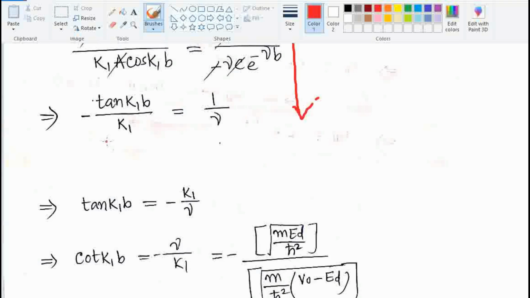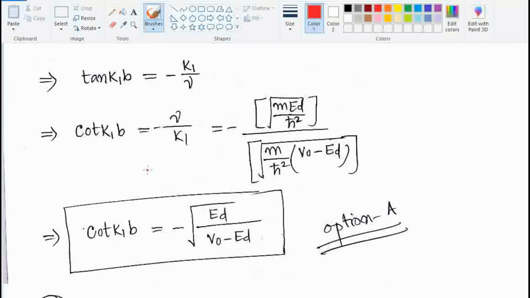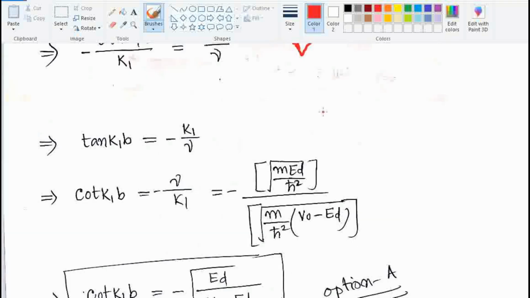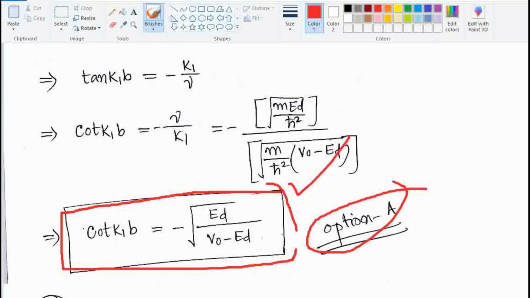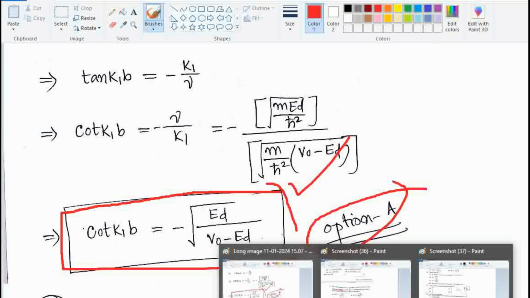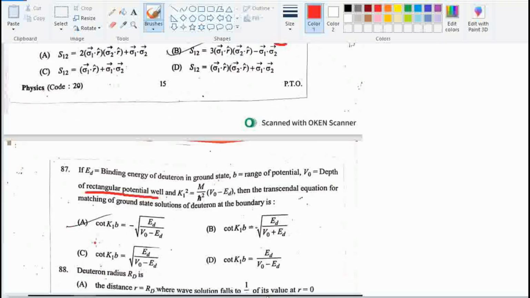We are getting tan, then if you take the inverse of this, you will get cot. You see how this calculation is going. After solving this, you will get this. So option A is the correct one.